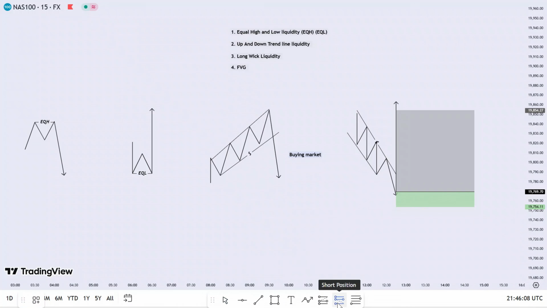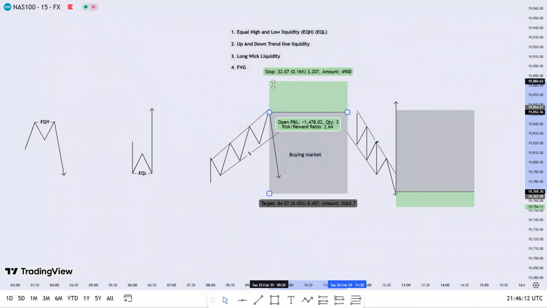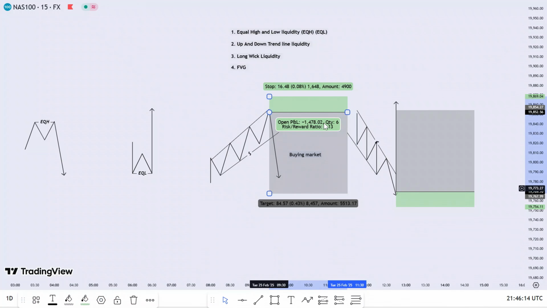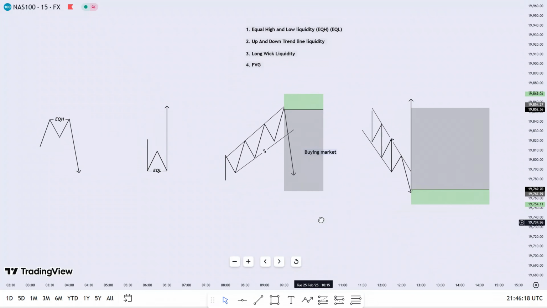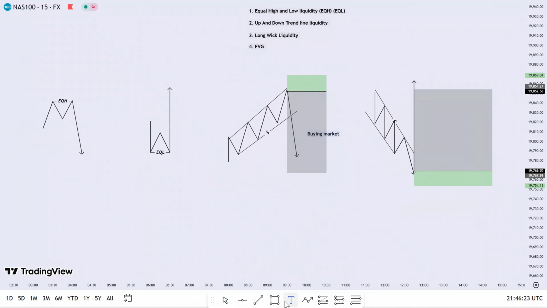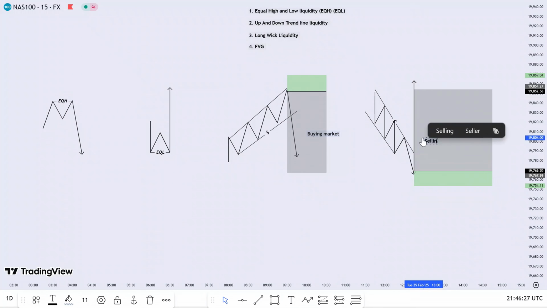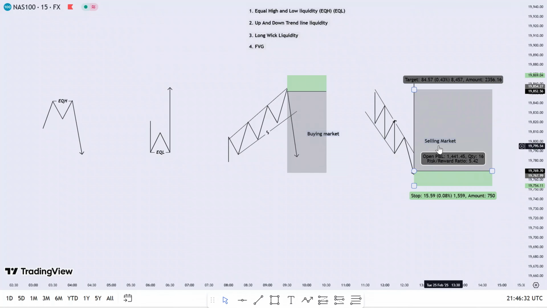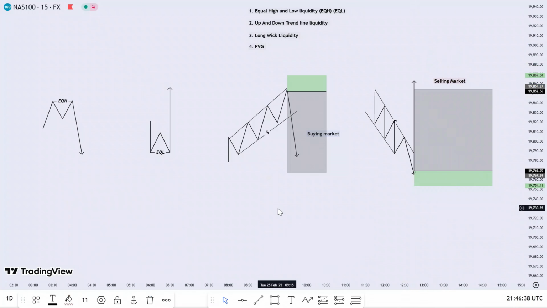For this liquidity, the market is on the downside because you need to sell it in order for you to clear the liquidity. So this is it. Let me put this one sell here. Selling markets. Let me change this color to red.